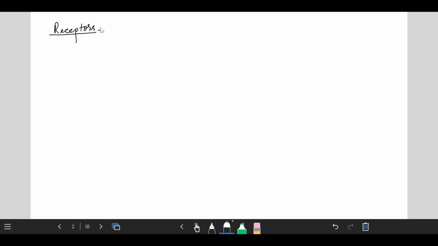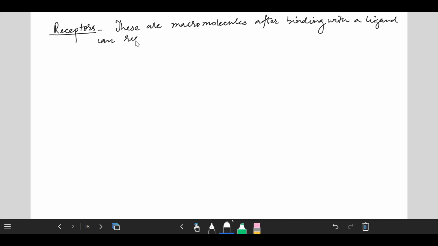So what I have said is that these are macromolecules which, after binding with the ligand, can produce a response. Clear?